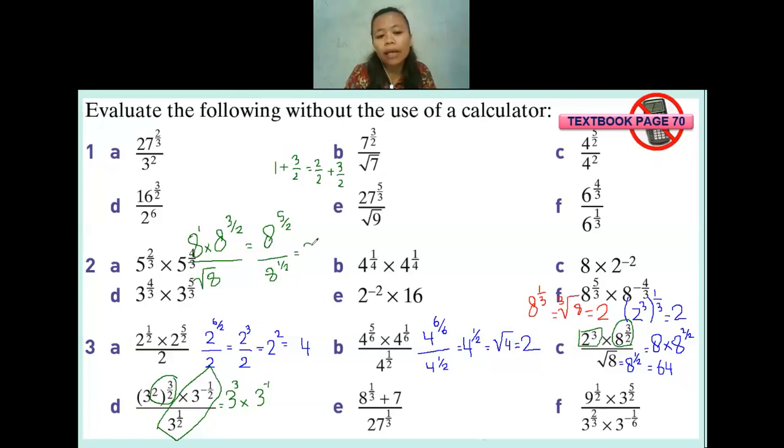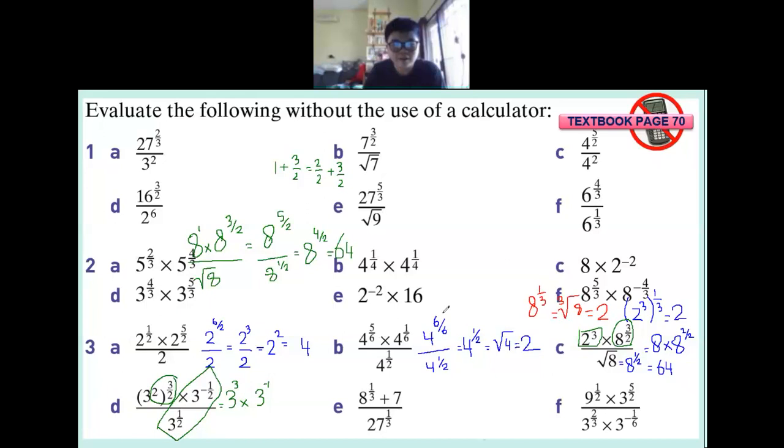Now, division. We simplify the power by subtracting them. 5 per 2 minus 1 per 2 will be 4 per 2. 4 per 2 equals 2. So we have 8 to the power of 2, which equals 64. Is there anyone who still disagrees?